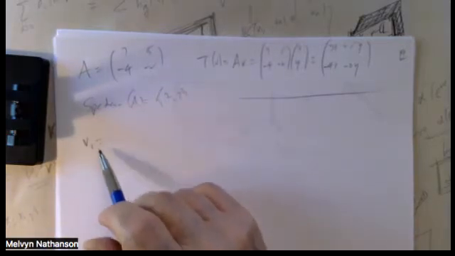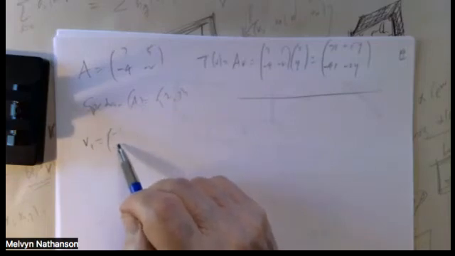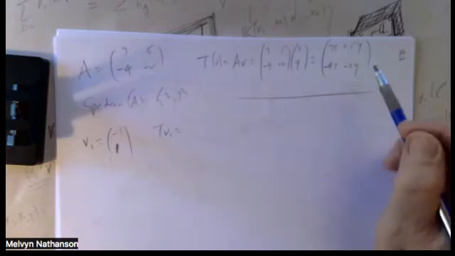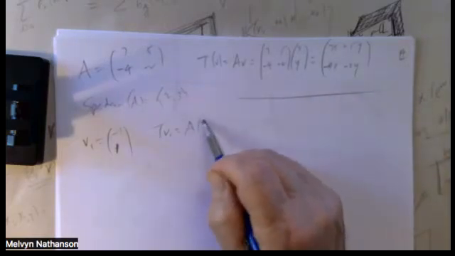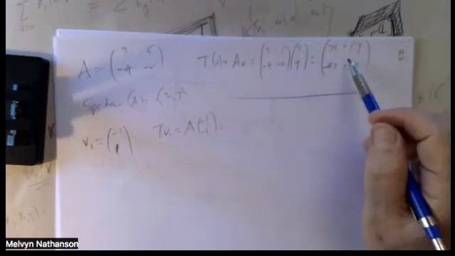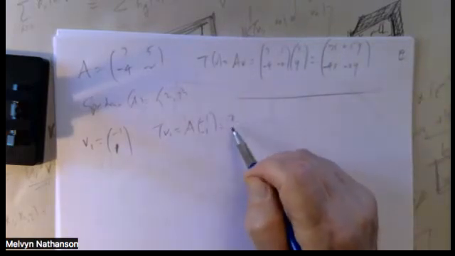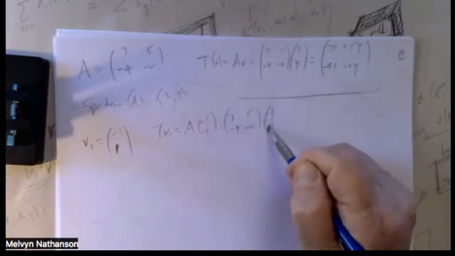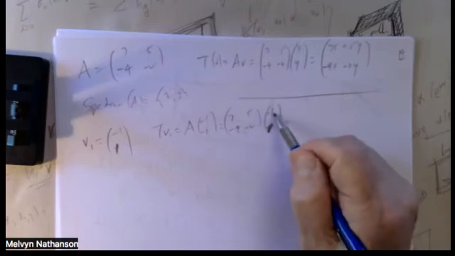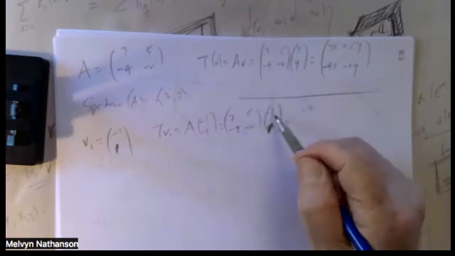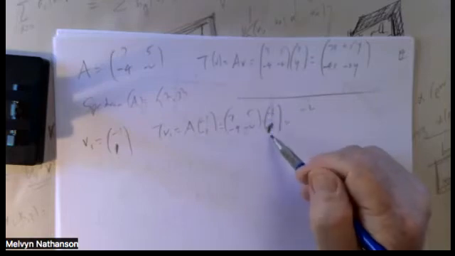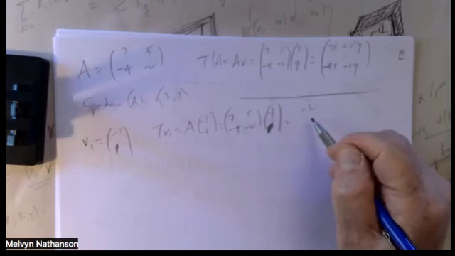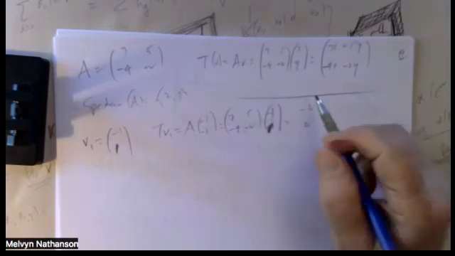So suppose I let V1 be the vector (-1, 1). So what is T of V1? That's A applied to (-1, 1). So that's [7, -4; 5, -2] applied to (-1, 1). That's -7 minus 4 is -11... no, let me redo this: the result is (-2, 2).